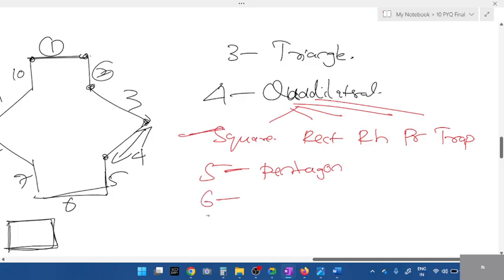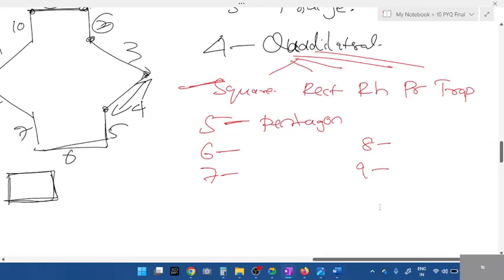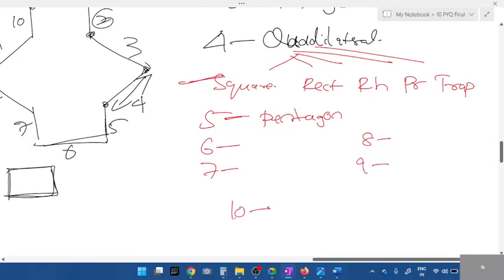5, pentagon. 6, what is 6, students? Hexagon or heptagon? Okay, what is 8? Octagon or oct?